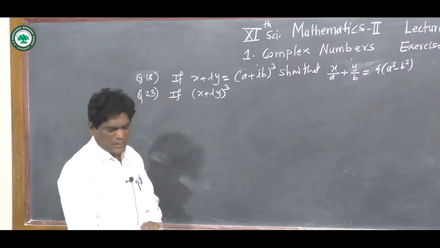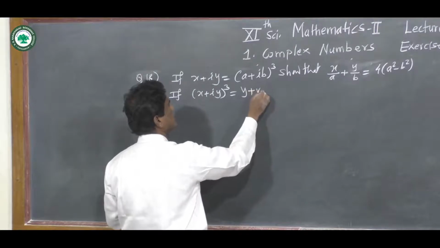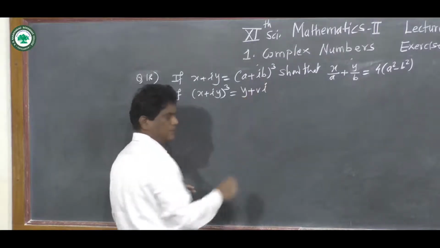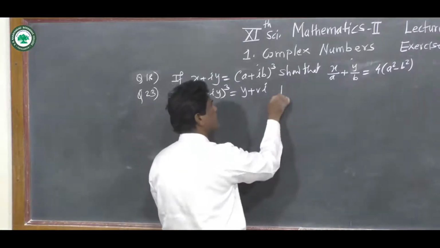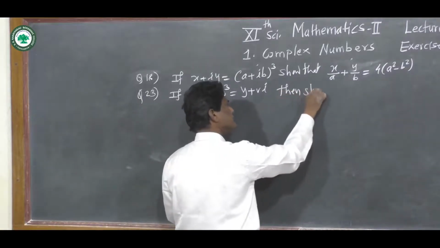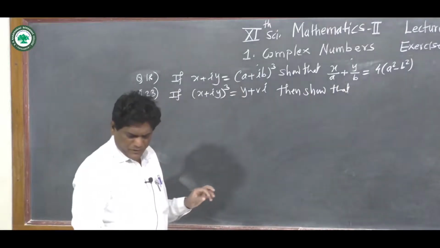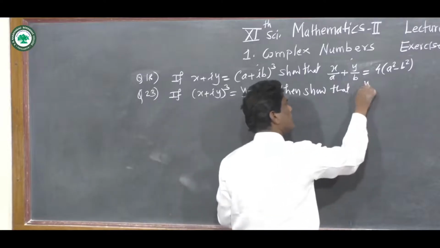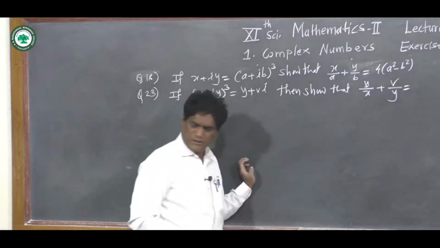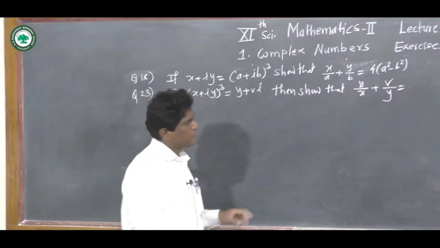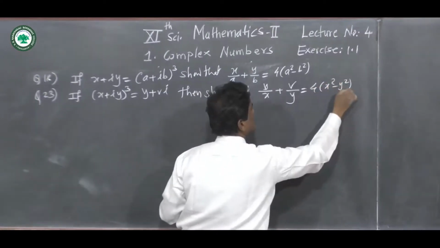show that y upon x plus v upon y is equal to 4 times (x square minus y square).